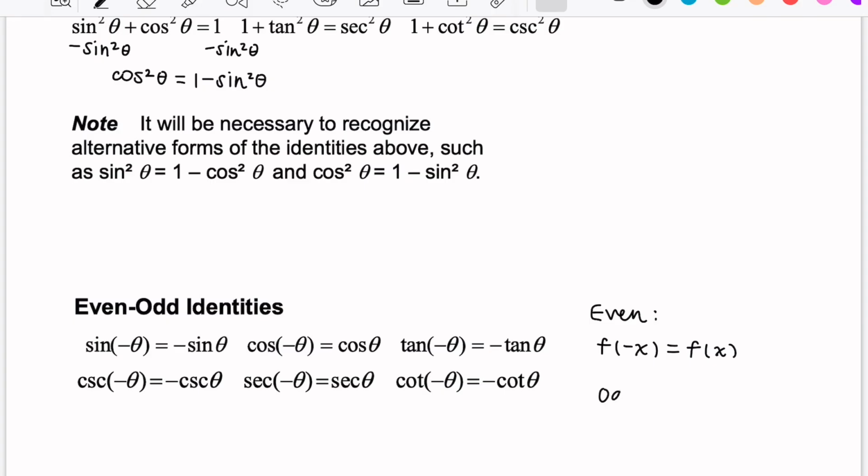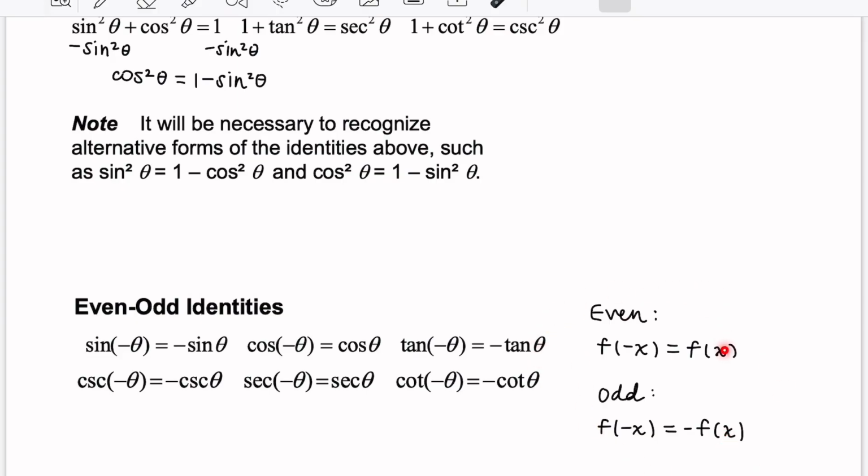Now, on the other hand, an odd function has this property here. This means that the value of our function f at a negative input is going to be equal to the opposite or the negative of the value of our function at a positive input x.